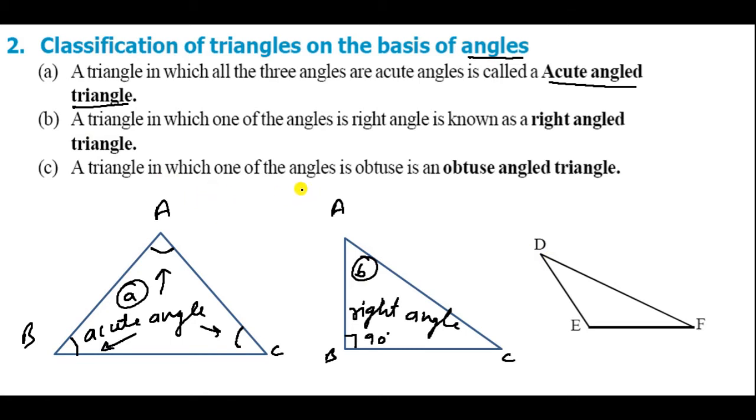In this triangle, at least one angle is an obtuse angle. So you can see it is an obtuse angle. That's why it is called an obtuse angle triangle, and that is the C part. So you can see and understand all these things.